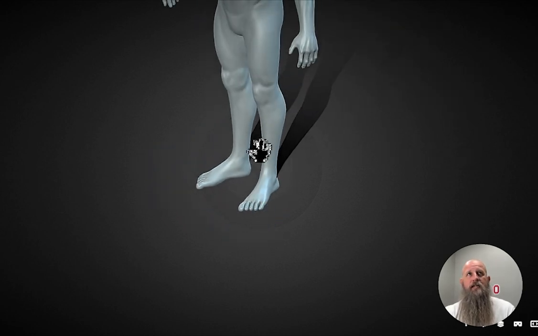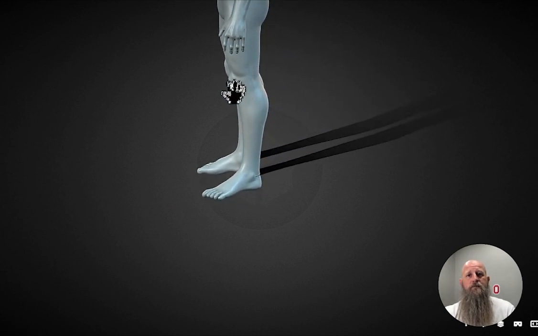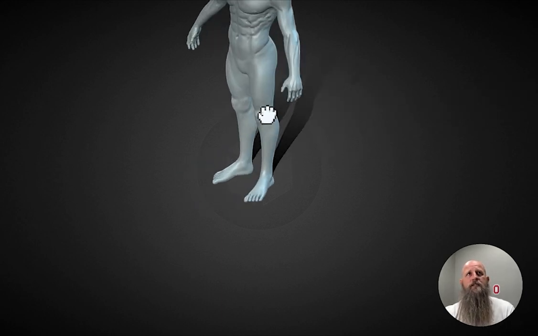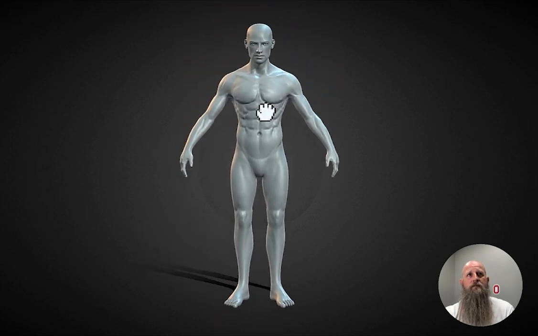So if we look at the lower limb here, you have femoral region, patellar, popliteal, crural, sural, tarsal, calcaneal, plantar, dorsum of the foot. Okay, the whole foot itself is known as the pedis region, which means foot.